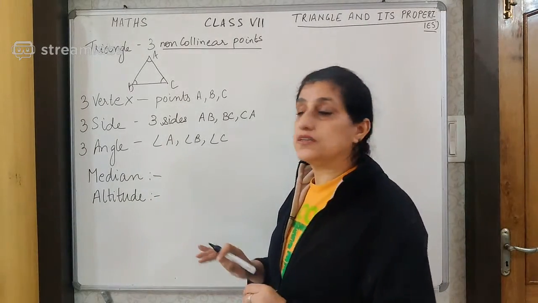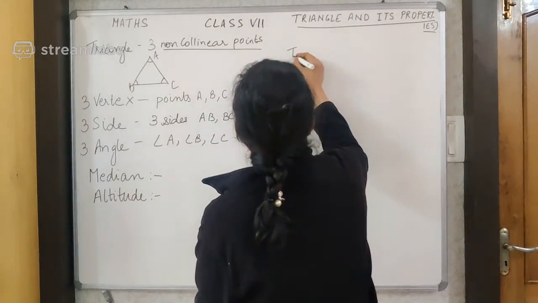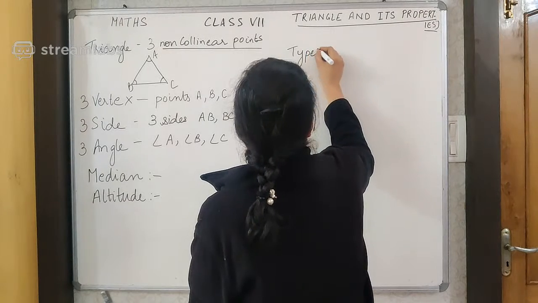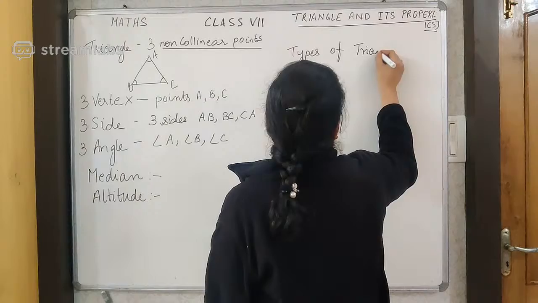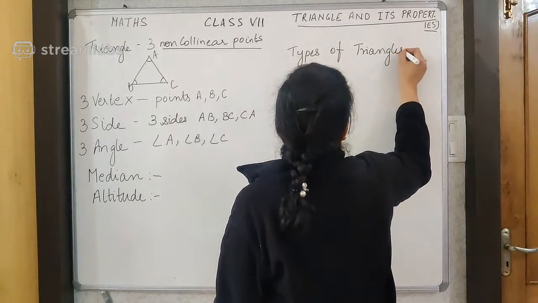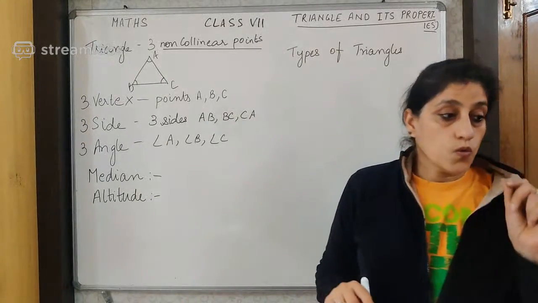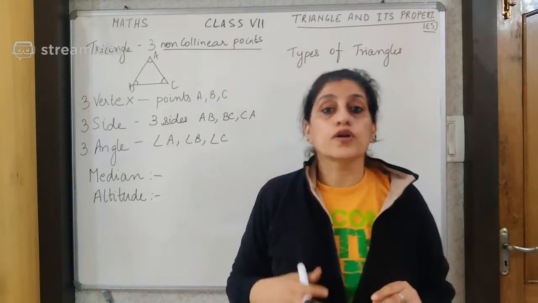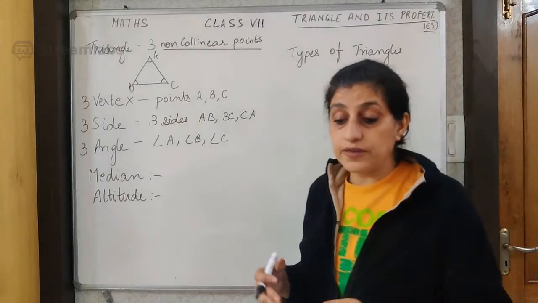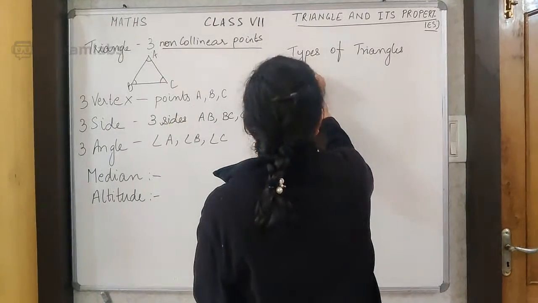Before we begin with median and altitude, let me discuss with you the types of triangles. Triangles can be classified on 2 different bases. One is according to the sides and second is according to the angle. First, let me take it according to the sides.